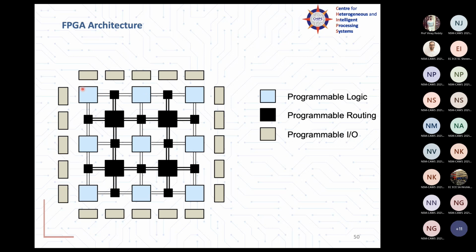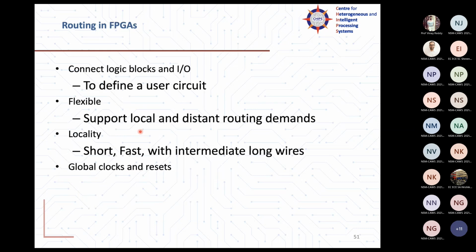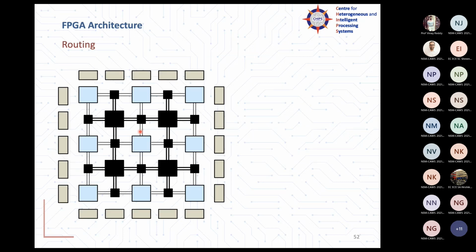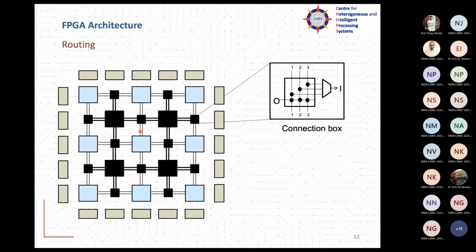Your application may have different requirements. You may need 2 blocks, 3 blocks, 5 blocks, whatever, right? So you want to use all the logic blocks as a single functional unit in your application, and that should be viable through routing, which is again programmable. Programmability allows you to connect logic blocks, connect IO to logic blocks, and have different kinds of flexibility to support short, long wires, etc.